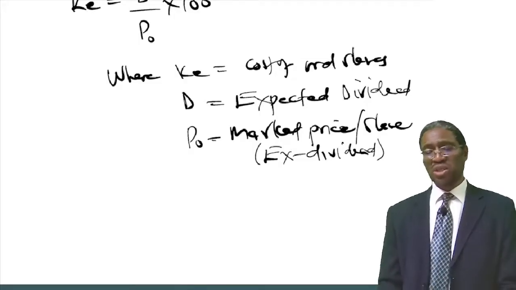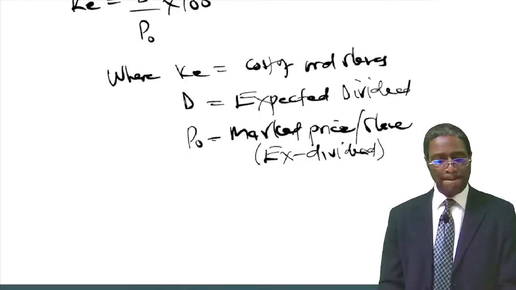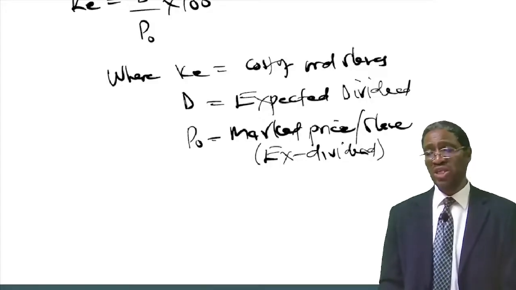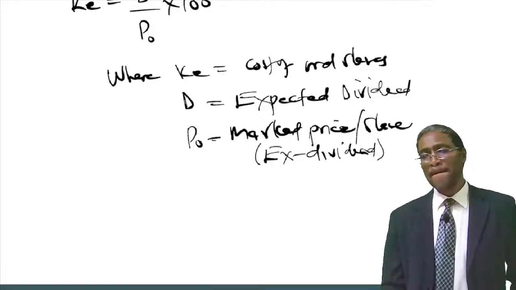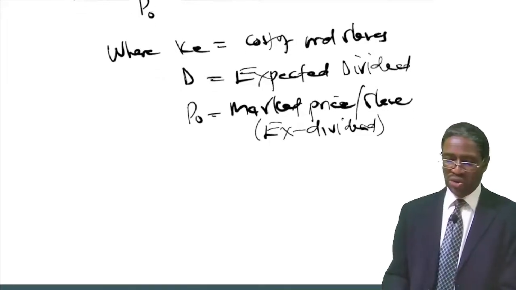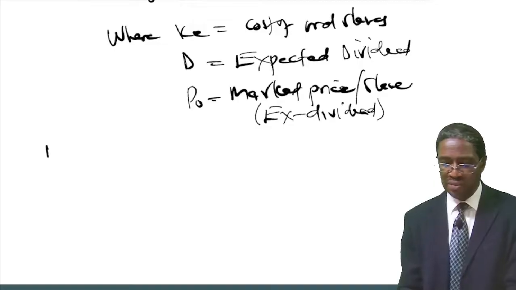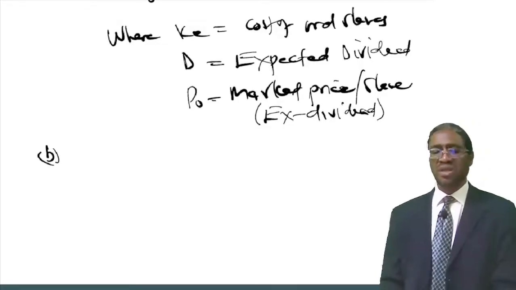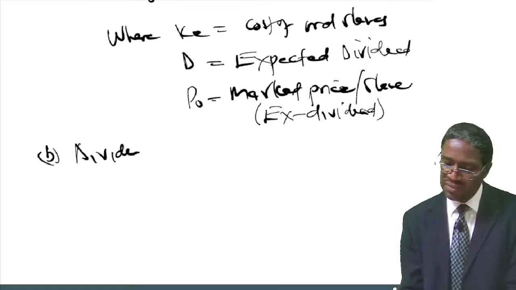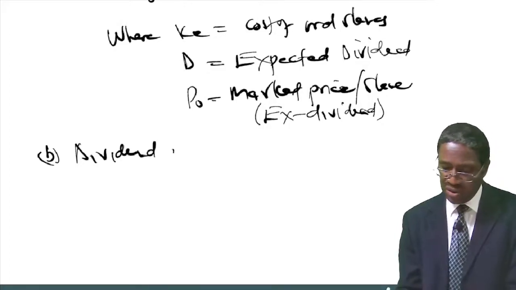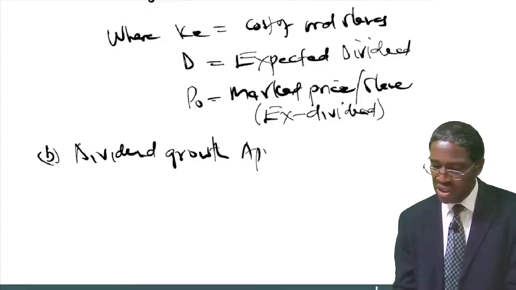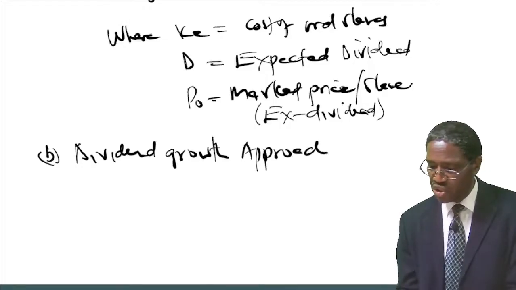So finish. We want to go to the second way of computing the cost of ordinary shares. Number 2 or B, dividend growth approach.